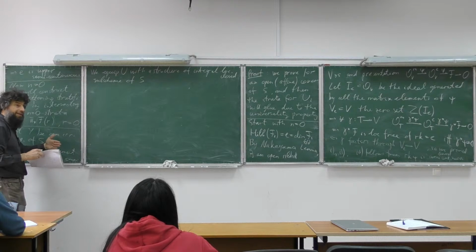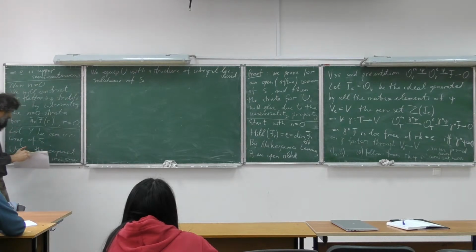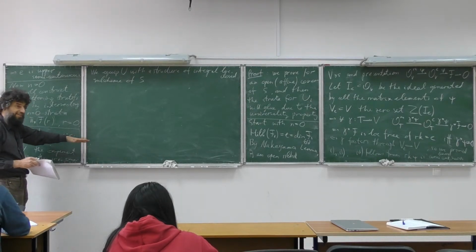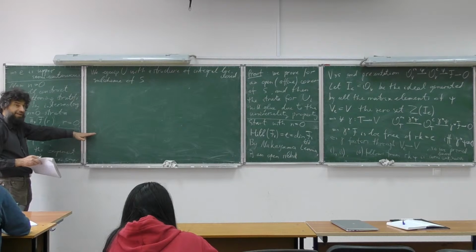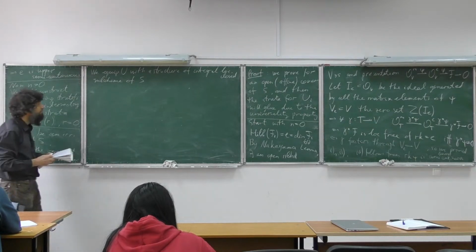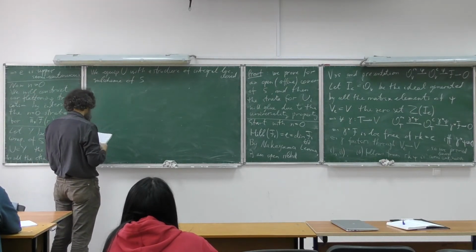So it will be not just open, but locally closed. Let S be irreducible to begin with, but with nilpotence. Then I want to kill all the nilpotence, and I will get this closed subscheme of S just by killing all the nilpotence.